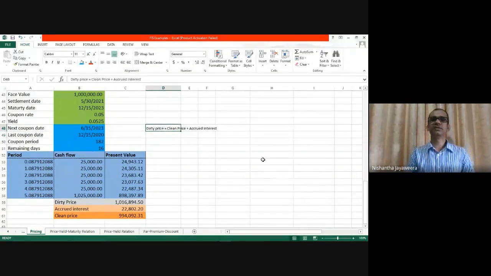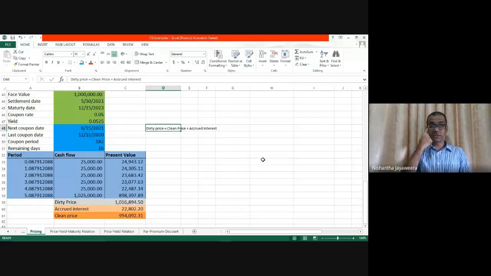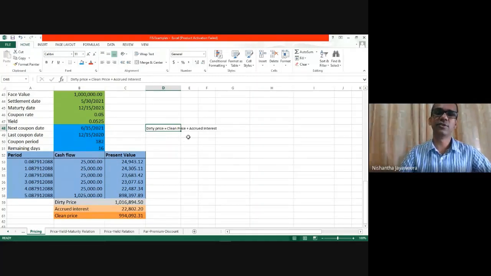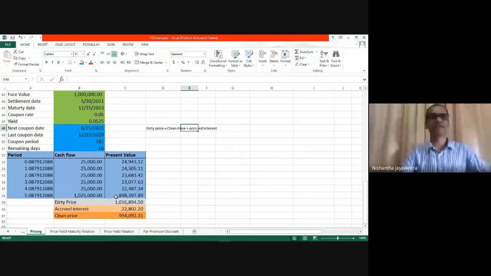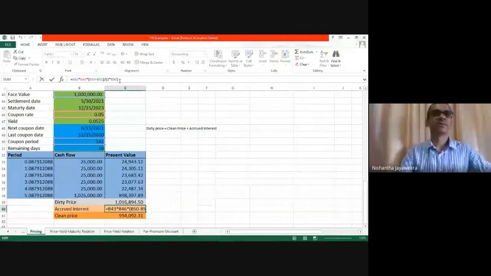So this is the equation. Now we have the dirty price. We need to calculate the clean price. For that, we need the accrued interest. We know how to calculate the accrued interest. So that's what I have done here.